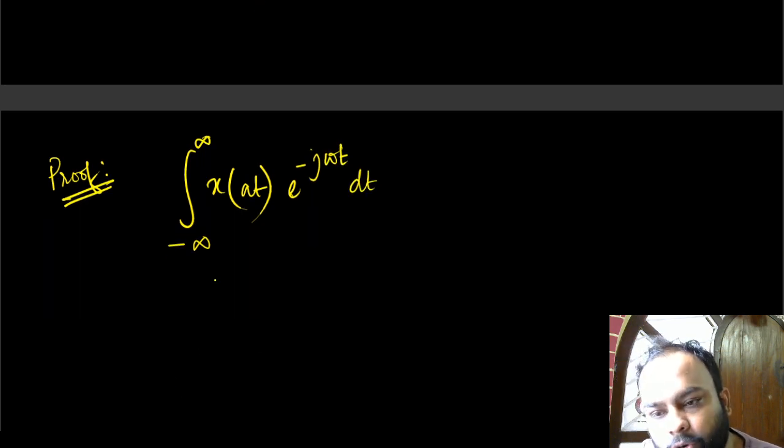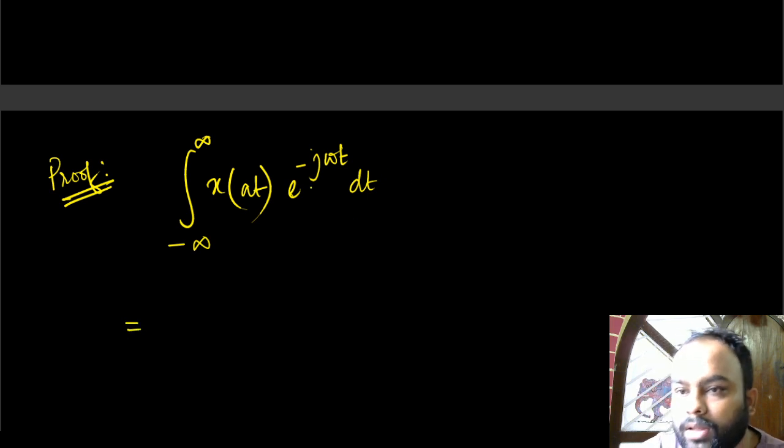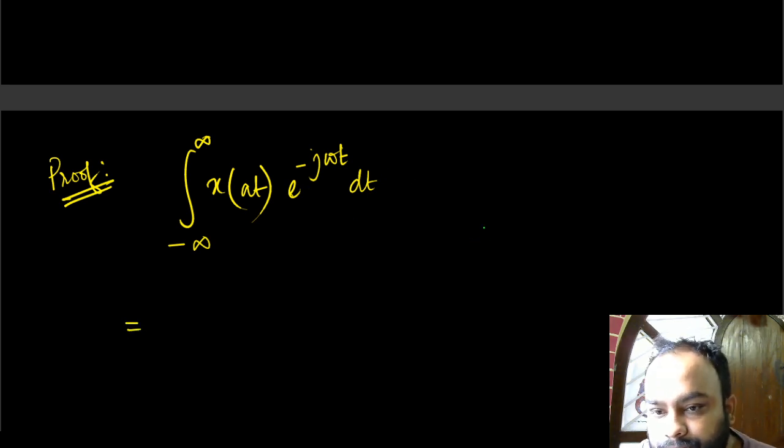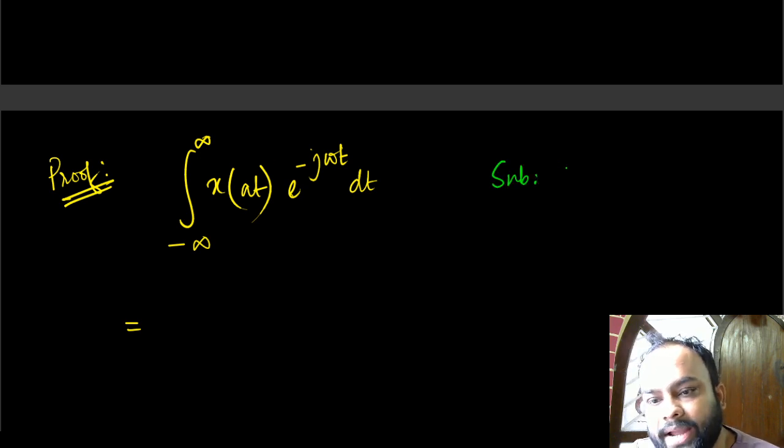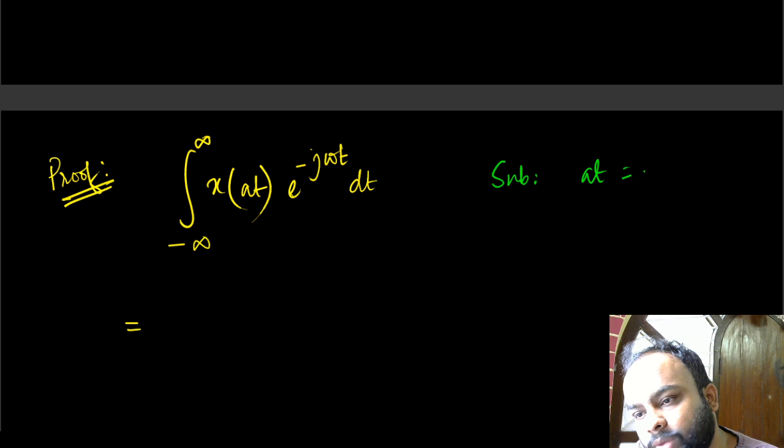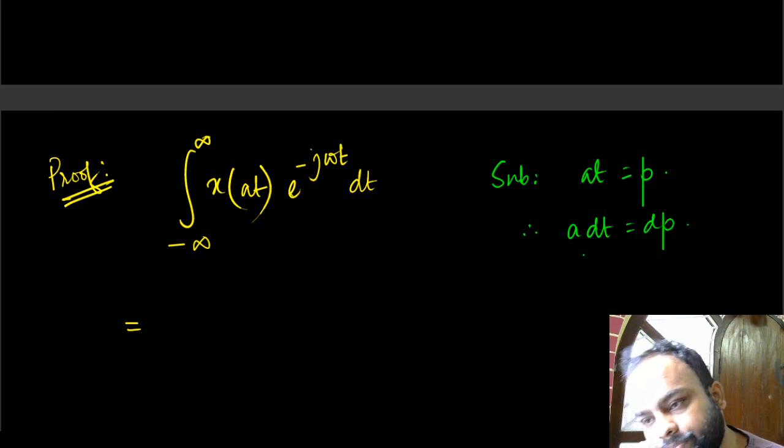Of course, we have to do a substitution here. For us, the substitution would be like we are replacing at with p, and therefore a dt would be dp, therefore dt would be 1 by a dp.